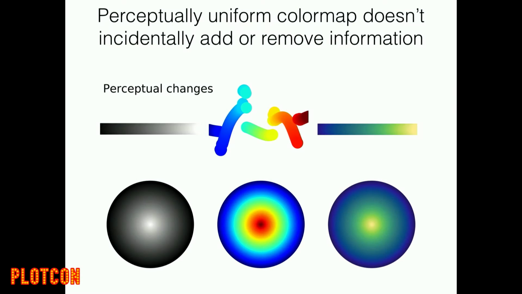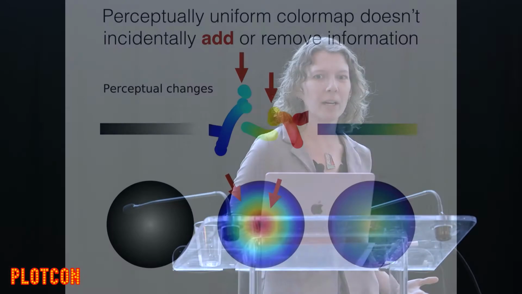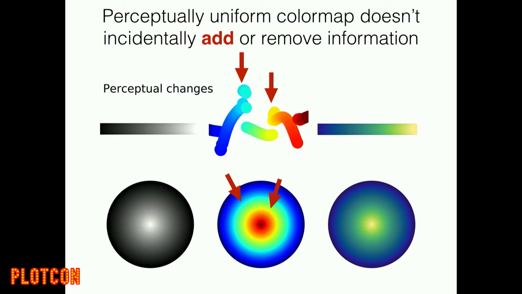We can, I think, see the impact of this really strongly in a very simple cone plot. We're looking down on a cone here. We can see the shape readily in the 2 end plots. The one in the middle, though, I will say here that the jet color map is adding information to your data set that's being plotted. In particular, where I've indicated with arrows, where there are sharp perceptual peaks in the color map, there are also apparent peaks in the data plot.